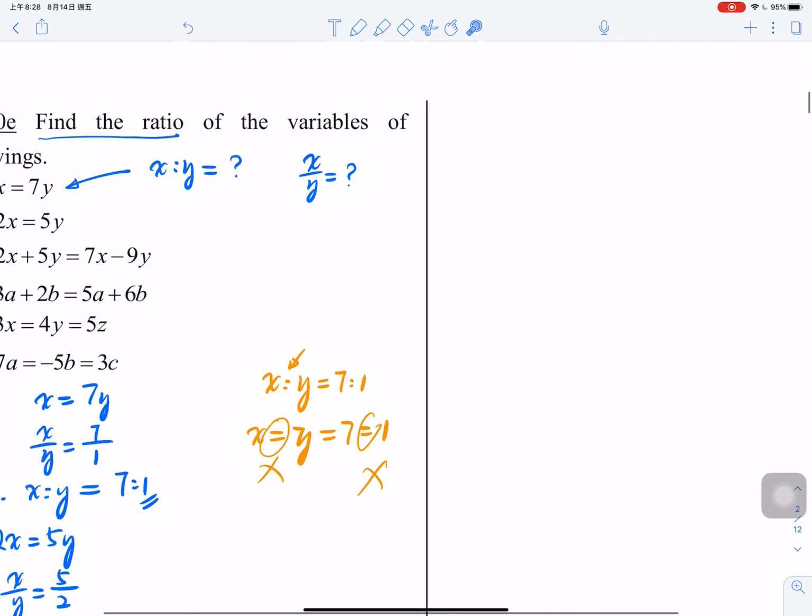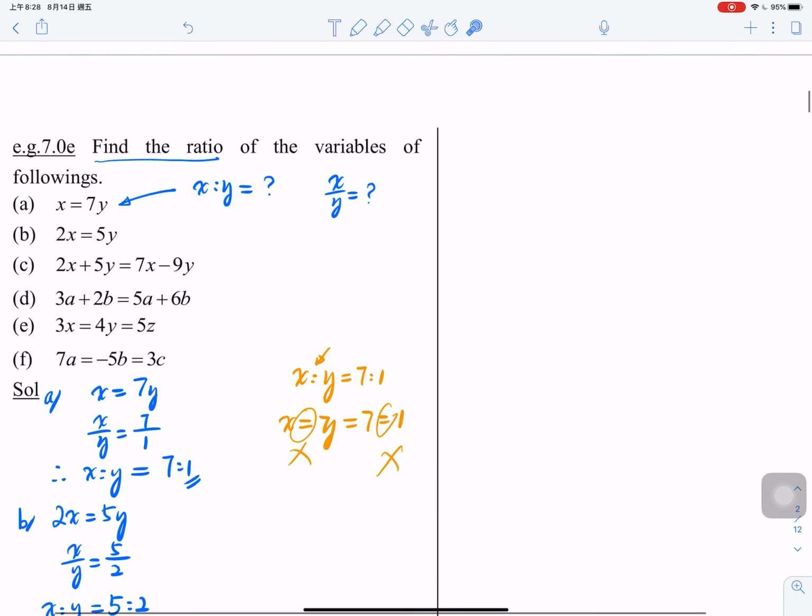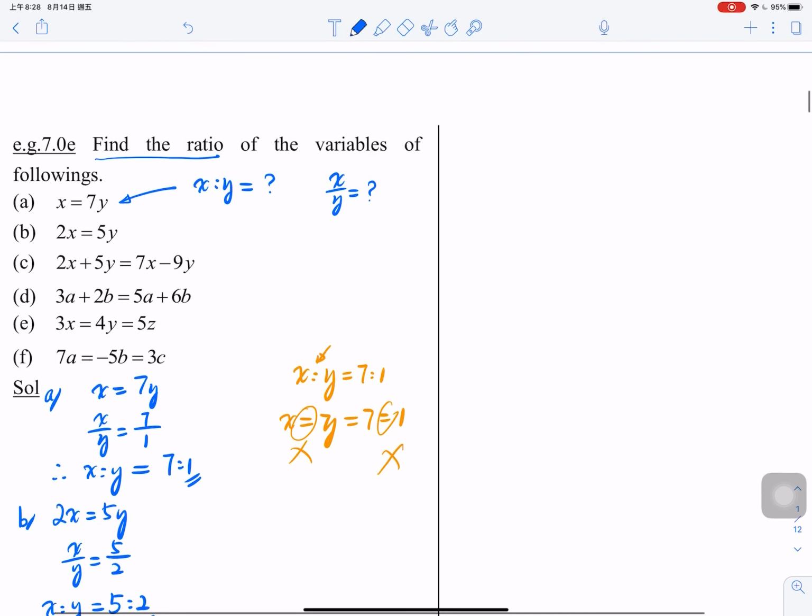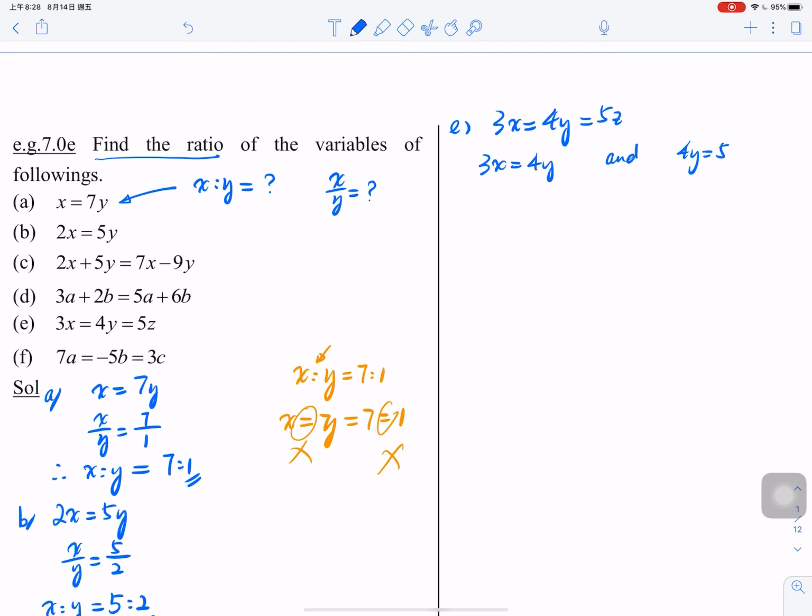Part E, have a look. 3x equals 4y equals 5z. What can we do in this question? Yeah, you can write 3x equals 4y and 4y equals 5z and separate them to find this.